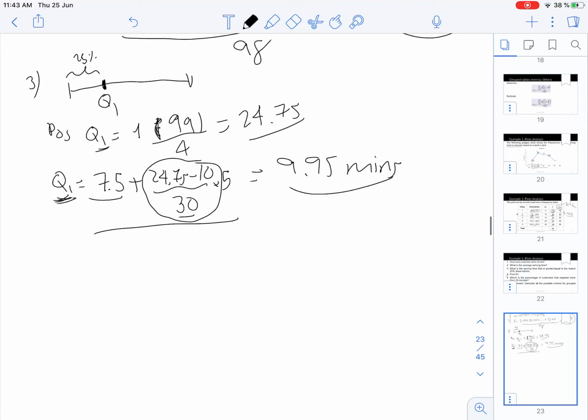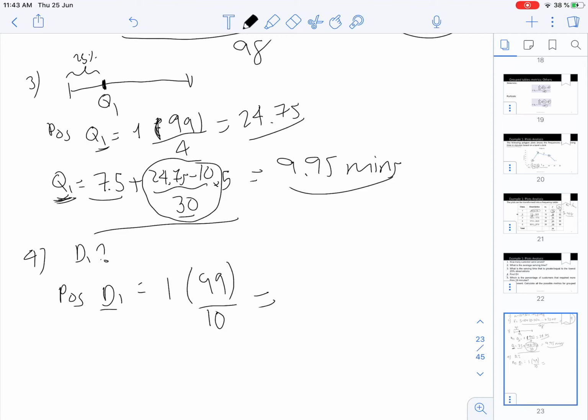So let's find D1. The logic is the same, right? If we want to get D1, then first step, the position of D1. So it's equal to 1 times 99. But here the number of splits changes because it's a decile, right? So deciles are divided by 10.